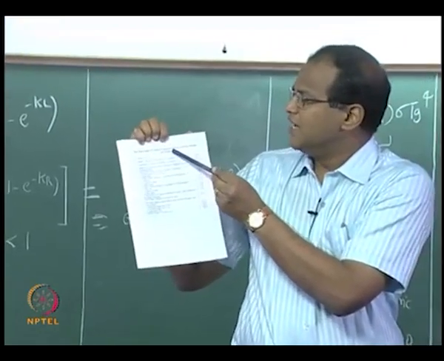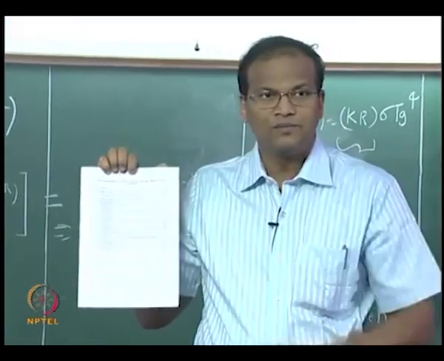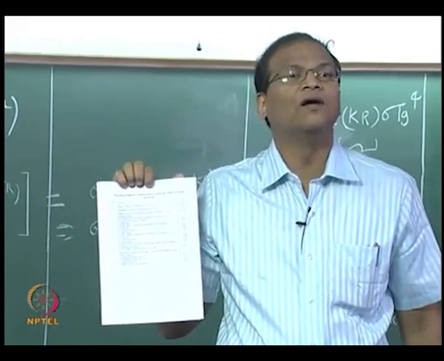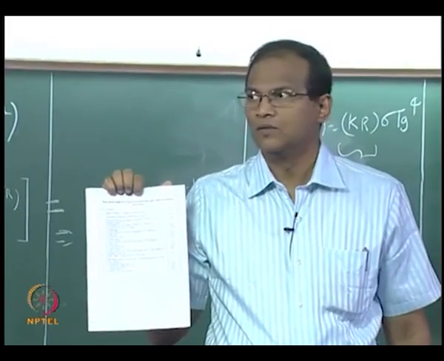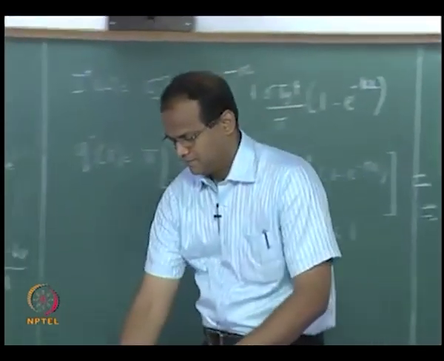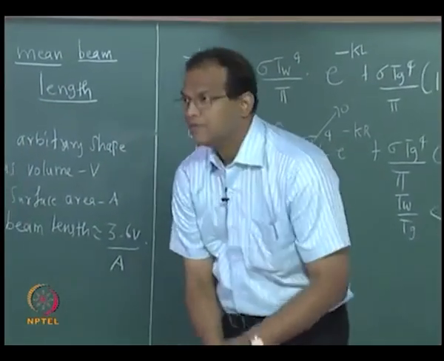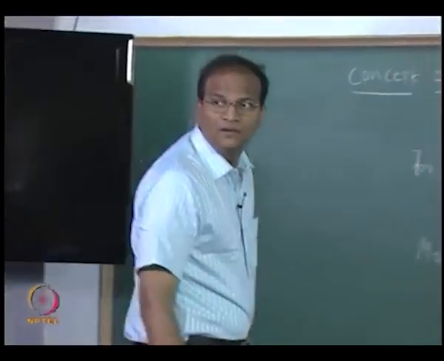Mean beam length for radiation from the entire gas volume in common geometries. Mudit, you got it? You have a problem? What's happening? Yeah, you can keep that. There should be four sides. Alok.